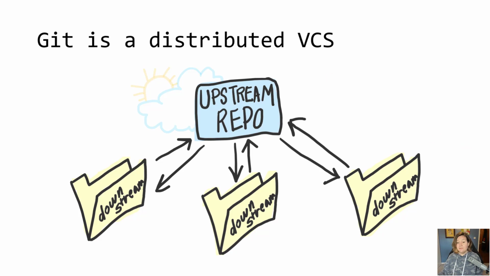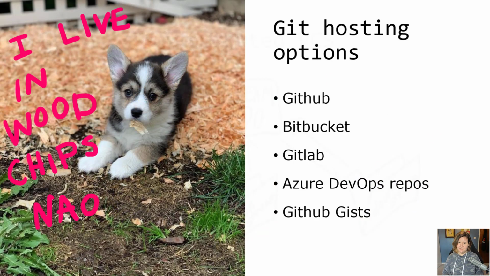Now, there's a variety of flavors to Git. And by flavors, I mean implementations. You can host Git yourself if you want. Right? So Git is freely available. You can download it, and you can host your own Git repo if you like.